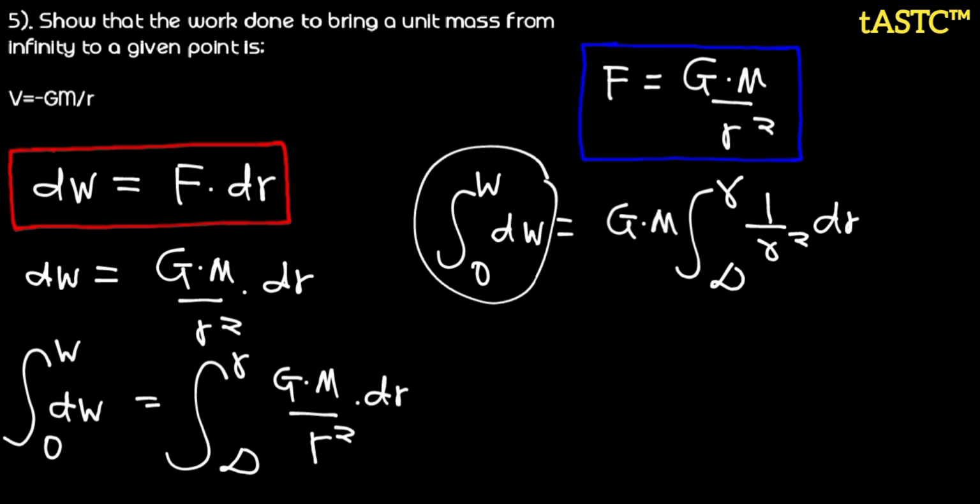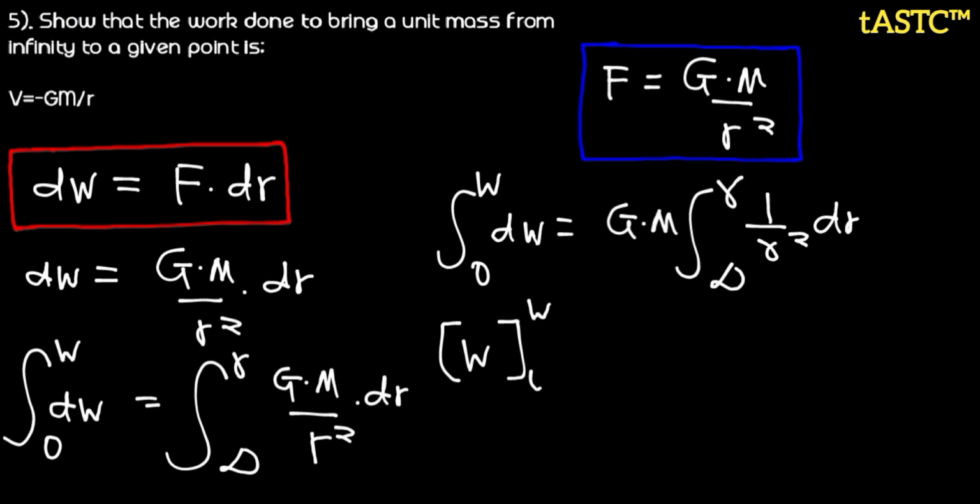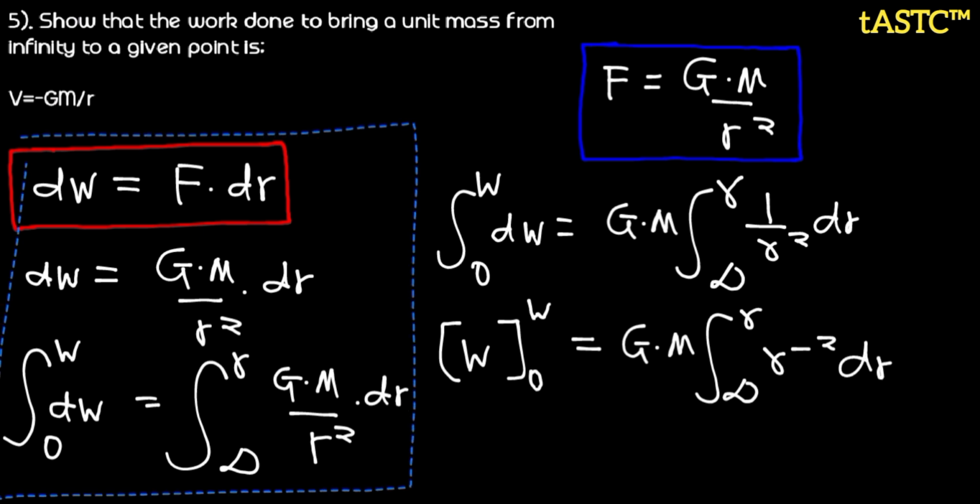Now, if we wanted to integrate this side, that is obviously going to cancel. The integral of dW basically should give us W. Now, that basically is going to be at the upper limit of W and the lower limit of 0. So on this side, I'm going to take it a little bit further. So this is the r, and this is infinity, and this is r raised to the power of negative 2 dr. So I'm just going to wipe this stuff out.